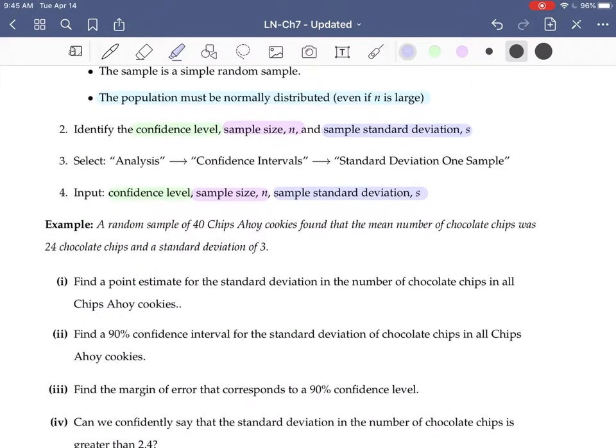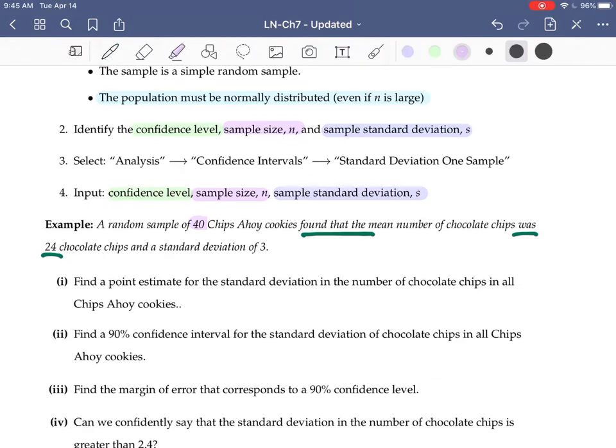So let's take a look at an example. A random sample of 40 Chips Ahoy cookies found that the mean number of chocolate chips was 24 and a standard deviation of 3. Here we have our sample size, 40. The study found that the mean was 24, our sample mean.